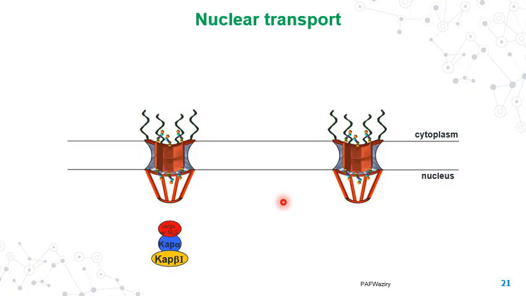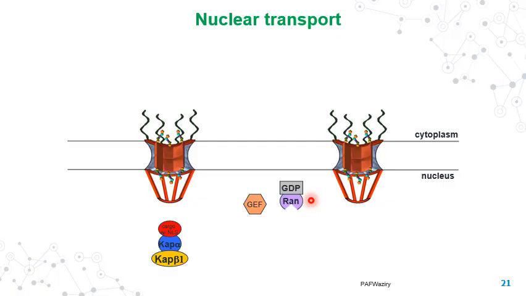Okay? So inside of the nucleus, what is going to happen? You are going to have a couple of important players. Okay? You're going to have that adapter protein that we've seen before. That adapter protein, the name of it is RAN. And RAN interacts with GDP. RAN is the guy that has GTPase activity.